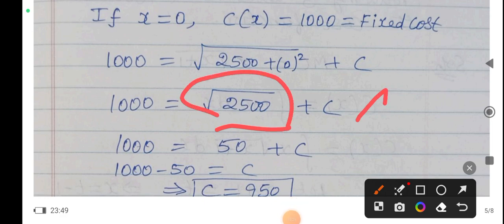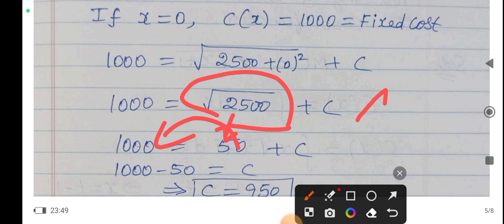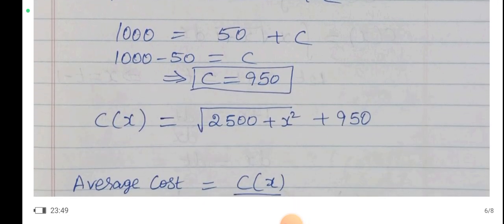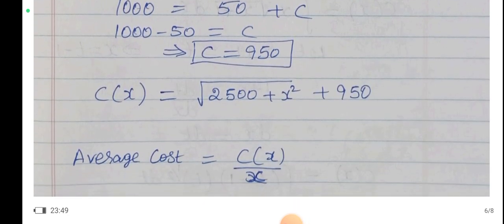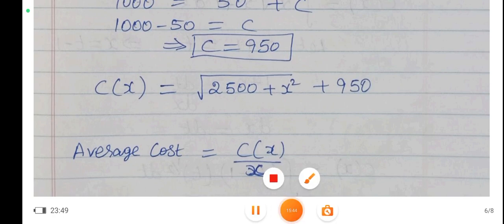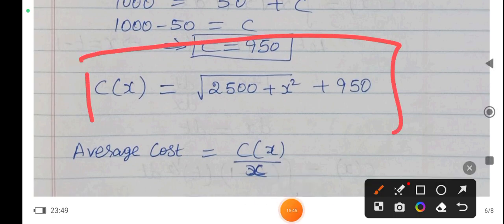We all know root 25 is 5, so root 2500 is 50. So plus 50 goes to the other side as minus 50, and the c value we are getting is 950. Substitute 950 there. So we got C of x as root over 2500 plus x square plus 950.